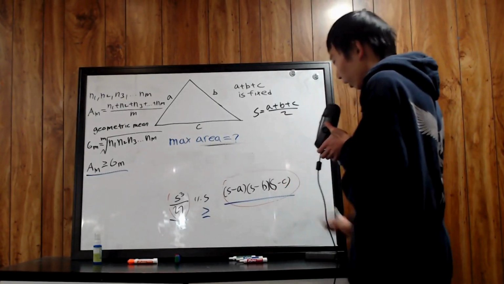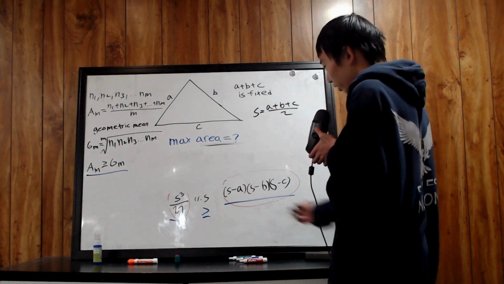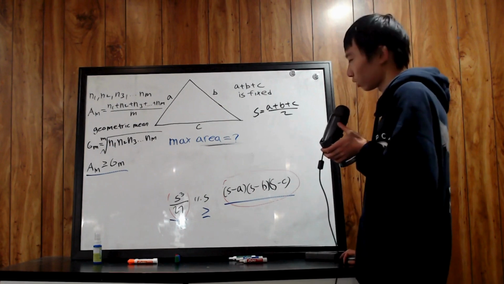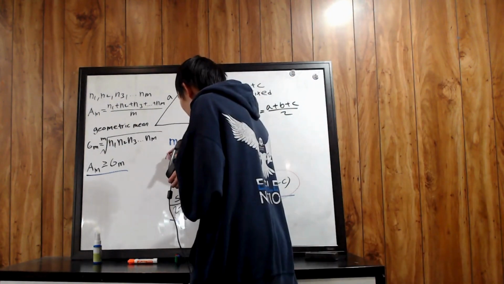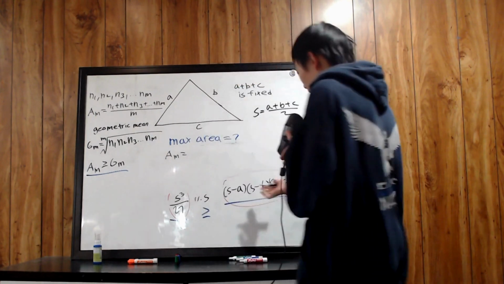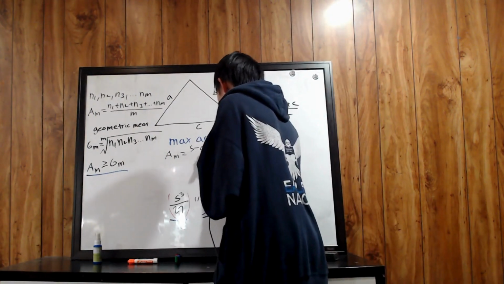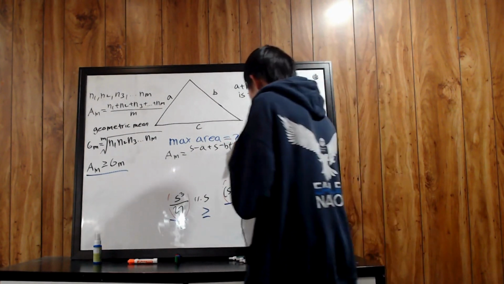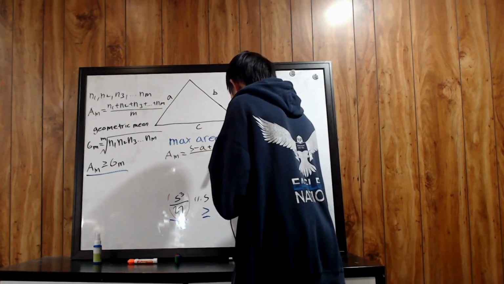Take a look at this right side. What is the arithmetic mean of all three of these factors? The arithmetic mean would just be s minus a plus s minus b plus s minus c all over 3.